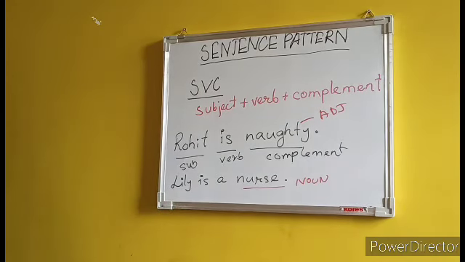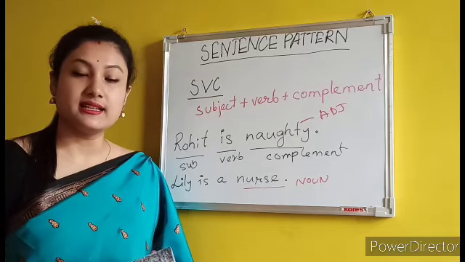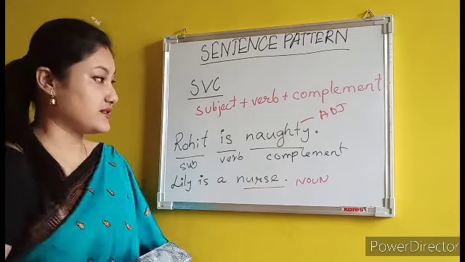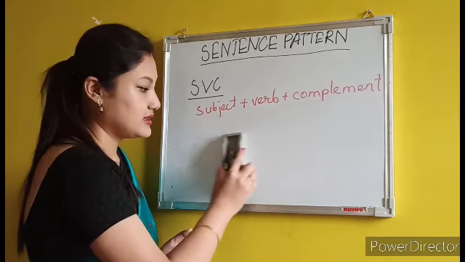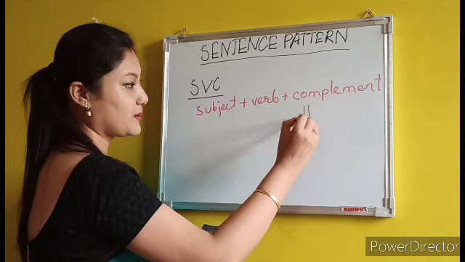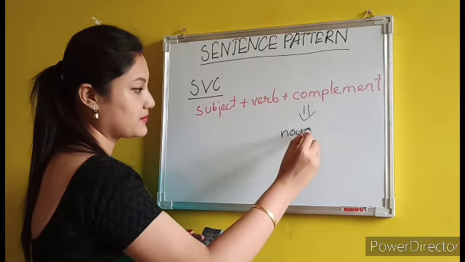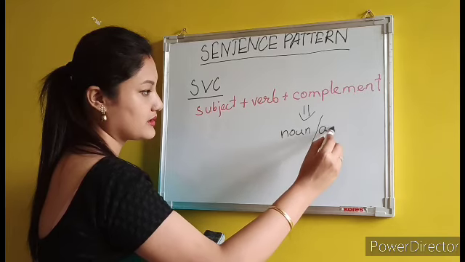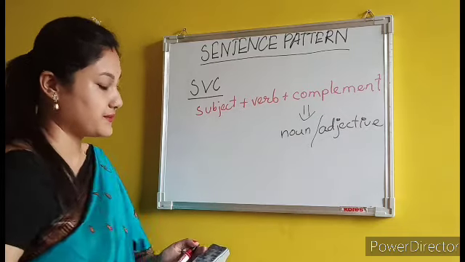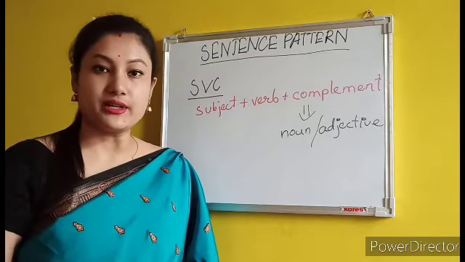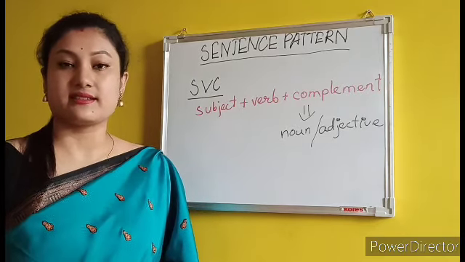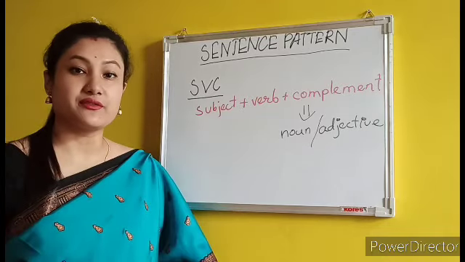So what we get to know from these sentences is that a complement can be a noun as well as an adjective. So this is the structure of an SVC sentence: subject verb complement.